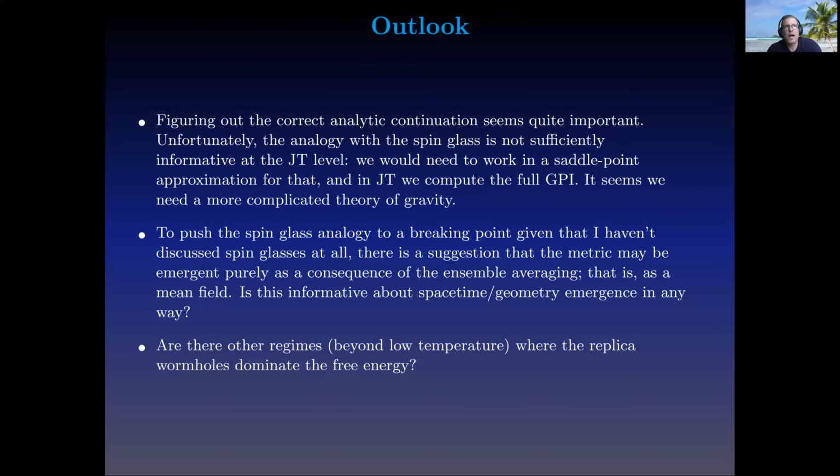Yeah. I'm just confused why you need a higher dimensional model specifically. Because working in JT gravity in a saddle point approximation is trivial. If we want to really do a spin glass analysis in gravity, then we need to work in a saddle point approximation. I see.